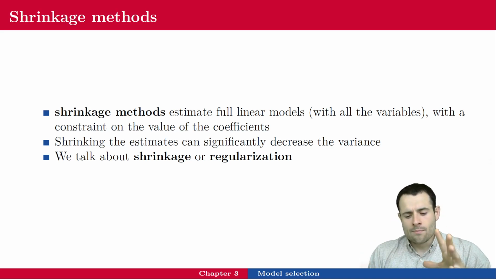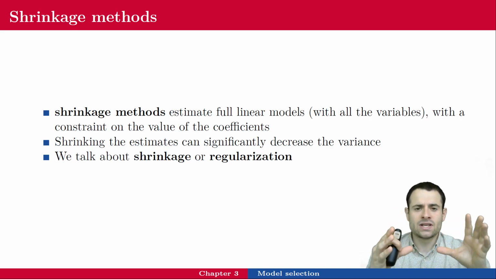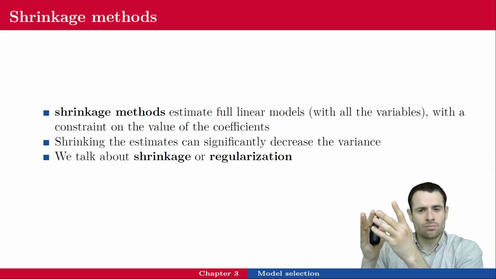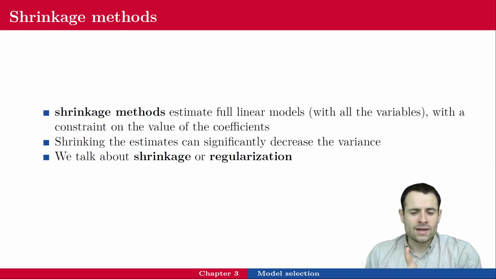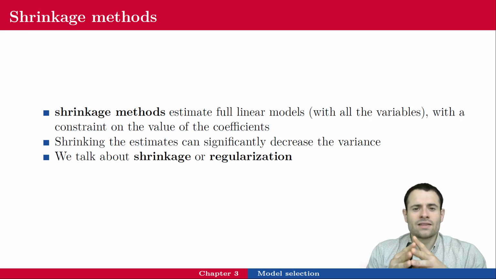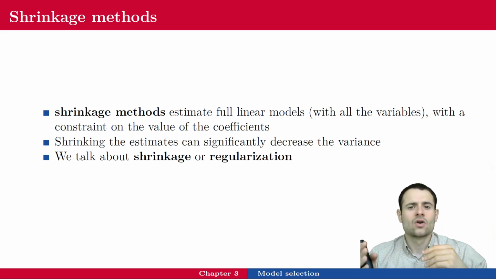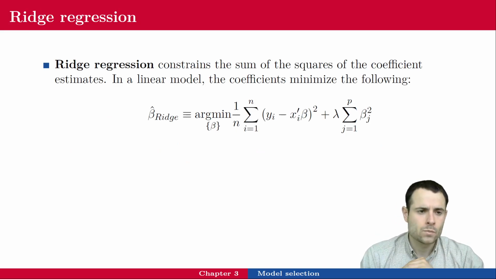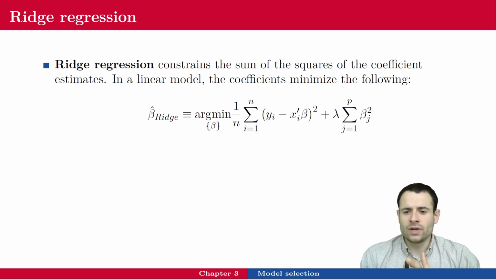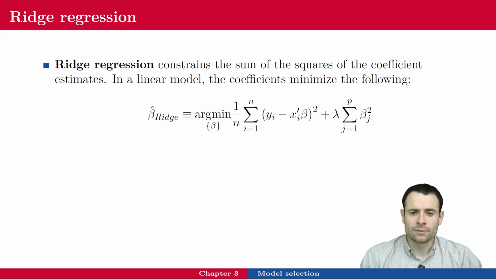Any method that involves a main minimization problem plus a penalty, plus an additional term, is called a regularization method. We are regularizing the fact that our model otherwise could yield all sorts of results. And in this category, we distinguish two different types of regression. The first one is called ridge regression.